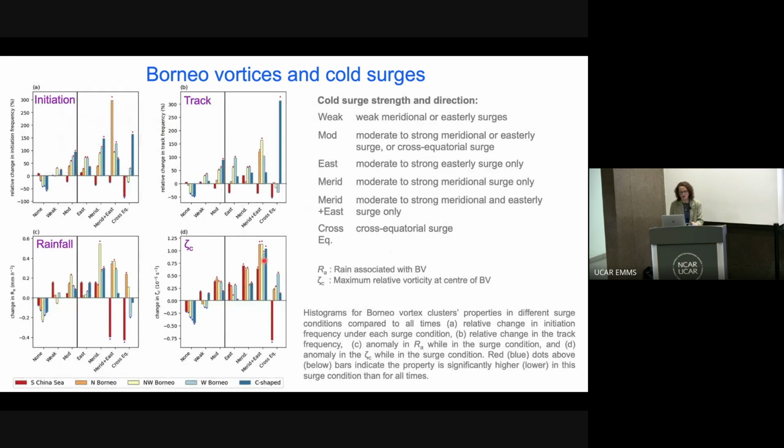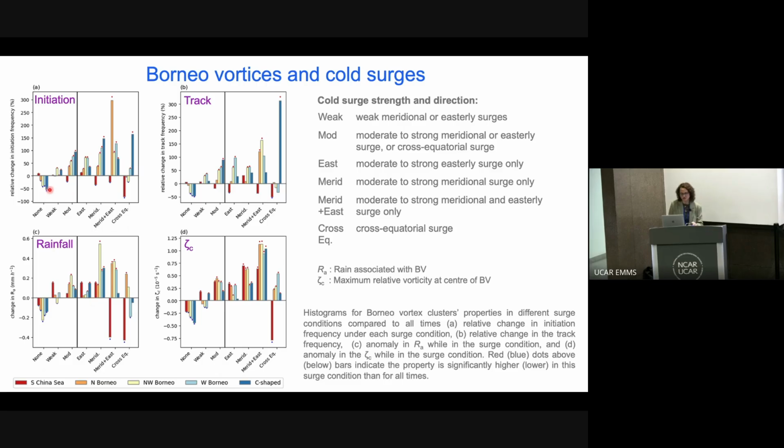And we can now look more closely at how the cold surges affect the initiation, the track, the rainfall, and the maximum relative vorticity. We distinguish now between no surge condition, weak, moderate, easterly, meridional, and cross-equatorial. The colors for the different clusters are always the same throughout the whole talk. And if you see a little red dot on top of the histogram, that means the anomalies are statistically significant.